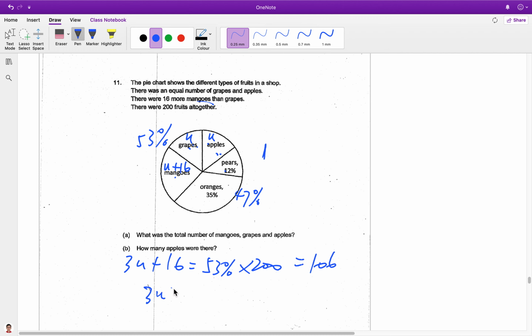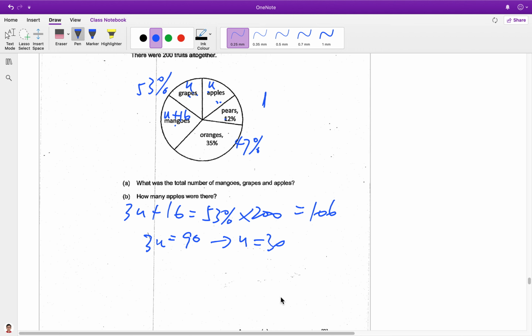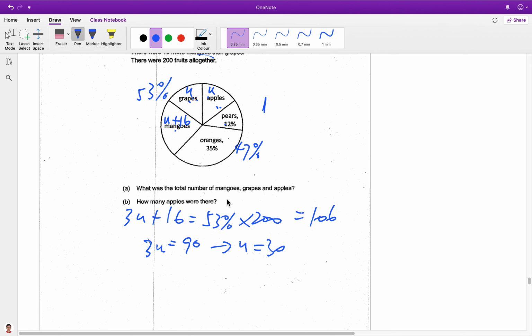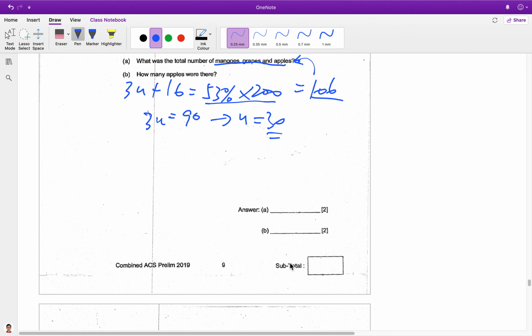Well, 3u equals 90 and u equals 30, right? So this is the total number: mango, grapes, and these two is the total number here, which is this answer. And how many apples are there? Apples are also u, right? It's 30. This is the answer.